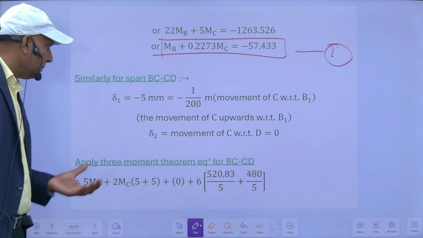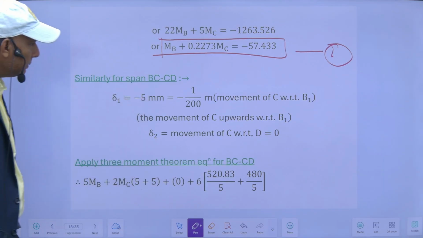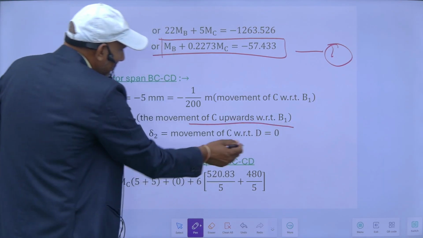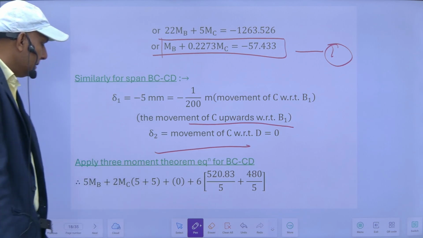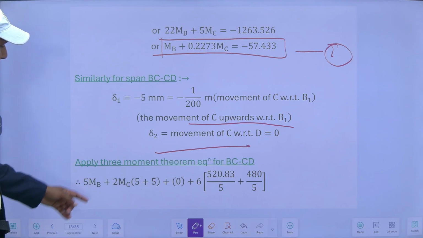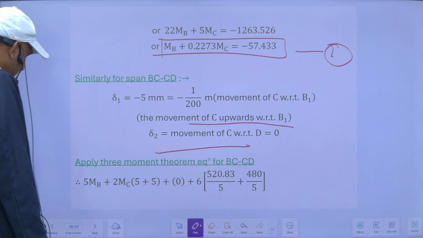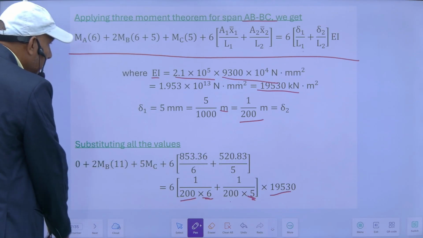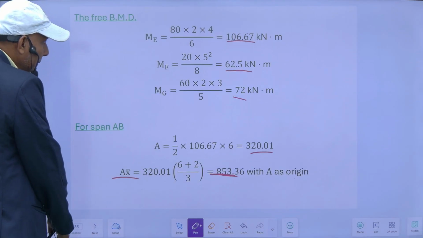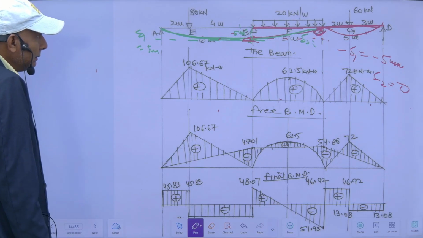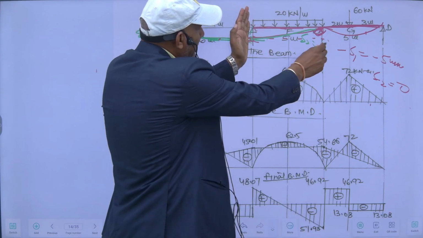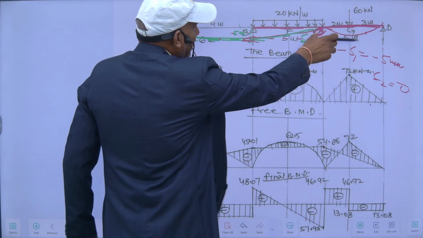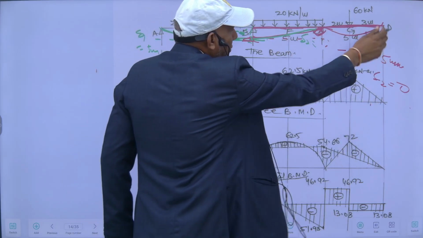So when I apply the 3 moments, delta 1 is equal to this one and delta 2 is equal to 0, applying the 3 moment theorem for BC and CD. It will be MB into L1, so MB into this span, plus 2 times MC into L1 plus L2, plus MD into 0.